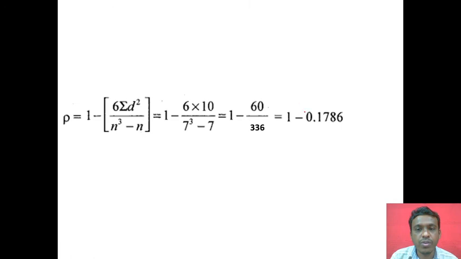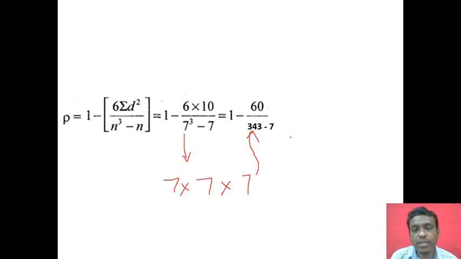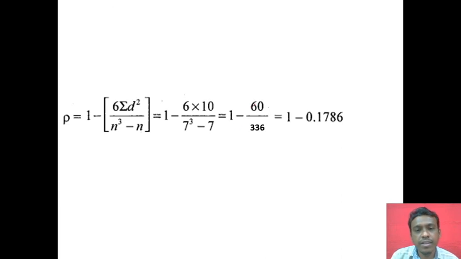So which is equal to 1 minus 60 upon 336. 60 upon 336 is nothing but 0.1786. So 1 minus 0.1786 is equal to 0.8214. So this is your final answer.